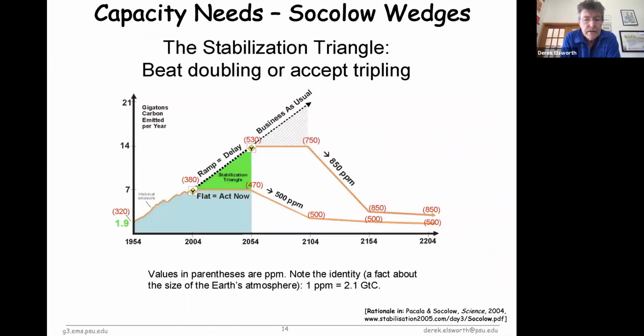This is an important graph that you might have seen before. The original paper is in Science by Pacala and Socolow, both at Princeton, I think. They're still at Princeton. And it looks at the carbon production per year on the left-hand axis with the number of years.